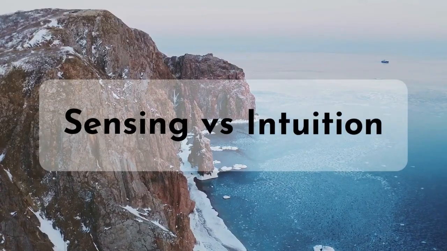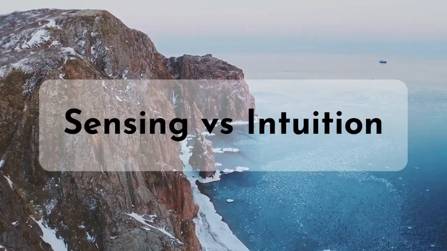This is the second dichotomy, sensing versus intuition. Intuition is a great and natural ability that allows you to know about something without tangible proof or evidence. Intuition helps you to sense something wrong or good to come ahead.